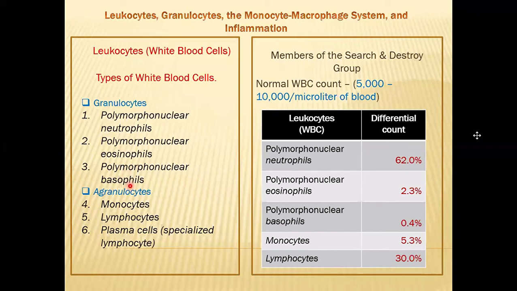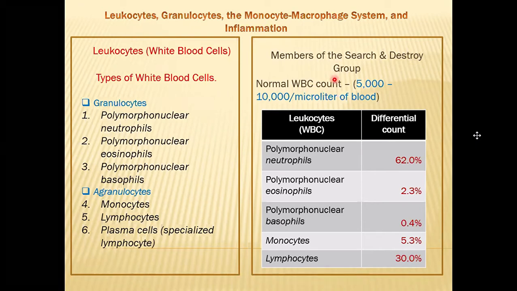And those without the granules, you have the monocytes, the lymphocytes, and then a specialized type of lymphocyte, the plasma cell, which is the precursor of the antibodies. Okay, so these are the so-called members of the search and destroy group.